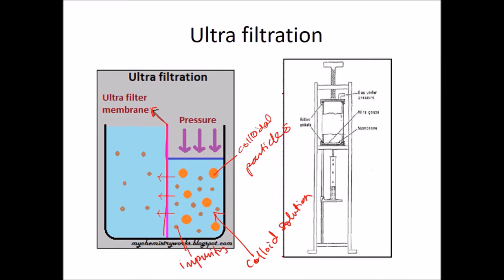The small particles can move out after you apply a certain pressure, and they are forced through the filter into another compartment, which collects the impurity. Then you will have a purer colloidal solution at the end.